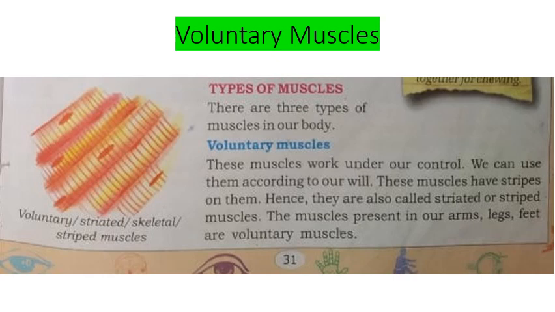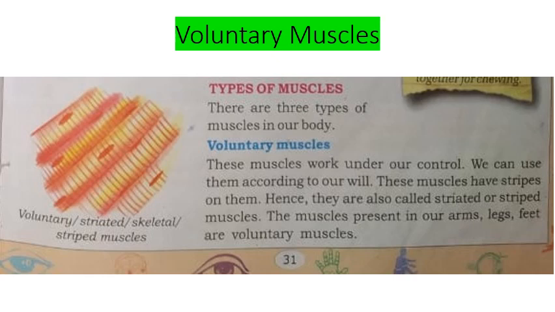Earlier we said that there are three types of muscles in our body. Number 1, voluntary muscles. These muscles work under our control. We can use them according to our will. These muscles have stripes on them, hence they are also called striated or striped muscles.